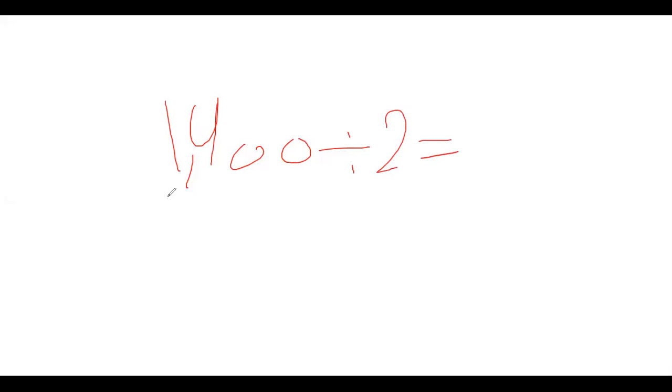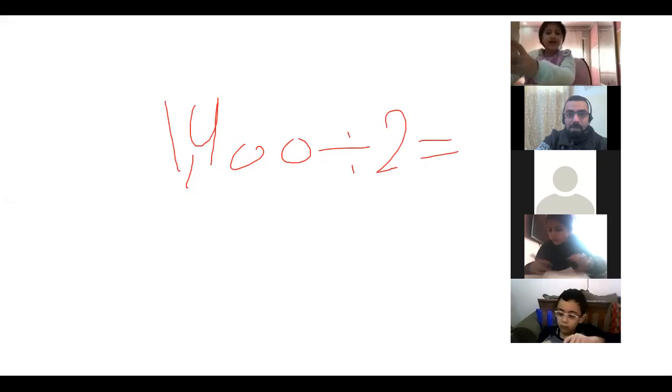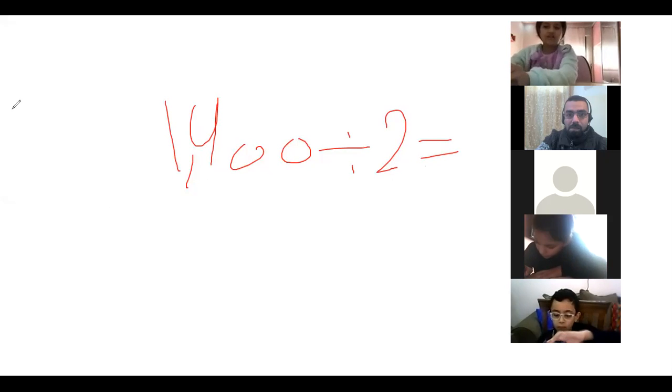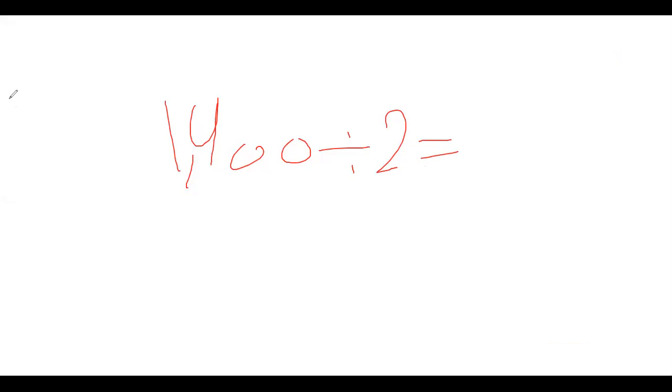Okay? Another example. Suppose that we have 1,400 divided by 2. So the first thing, divide 14 by 2. Now 14 divided by 2 equals what? 7.